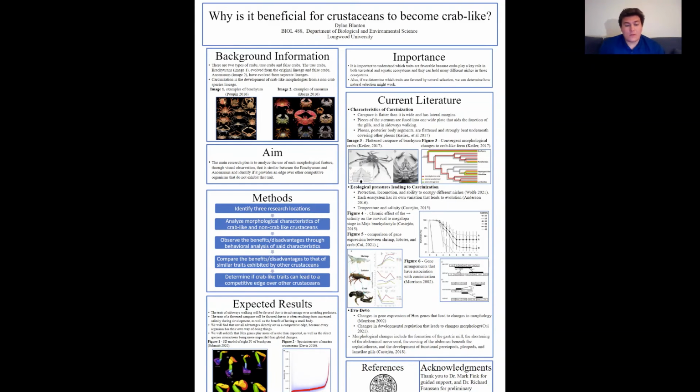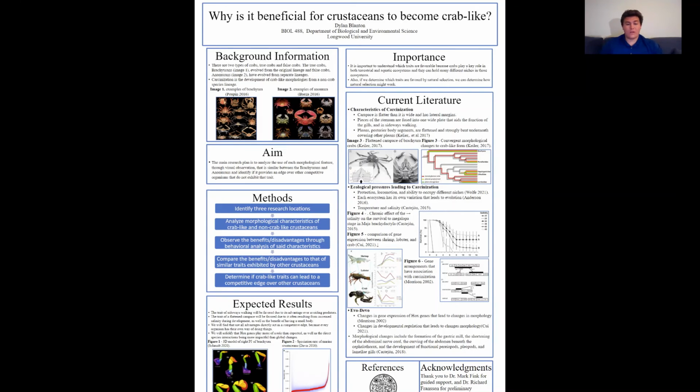Next, I also think that we'll find that not all of the advantages directly act as a competitive edge, because every organism has its own way of doing things. So maybe the claws on a brachyuran in the Galapagos Islands might have an incredible advantage over other crustaceans, whereas a claw on an anomuran on a seamount out in the middle of the Atlantic might not have any advantage over other crustaceans.